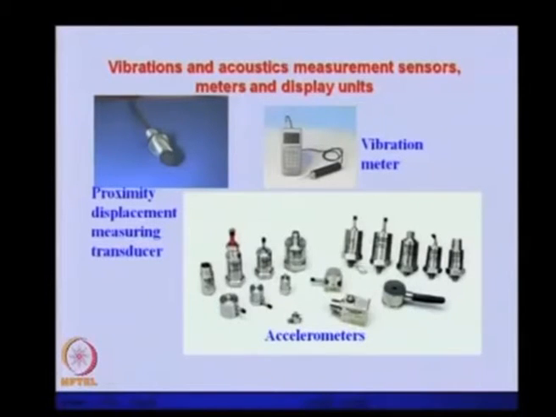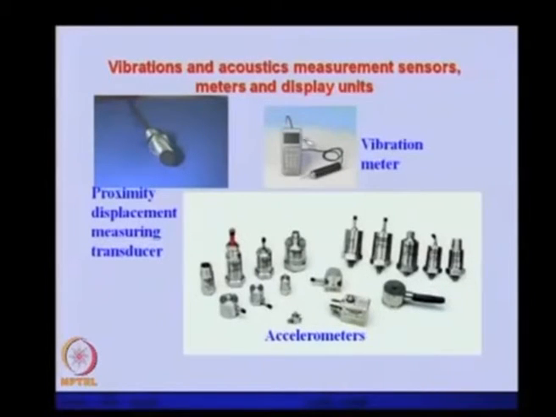There are various kinds of mounting: this is the base with threaded bolts, which we need to fix onto the body, or sometimes we can glue it. So, various kinds of mounting are possible with these sensors.